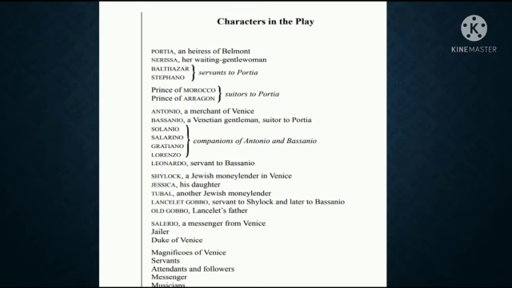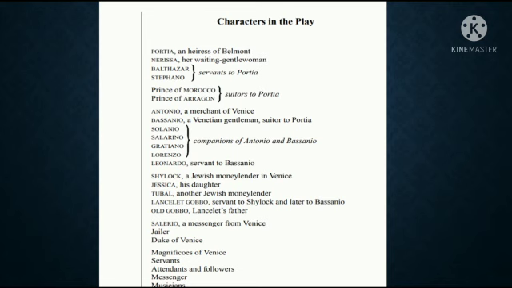Shylock is a Jewish moneylender in Venice. Jessica is Shylock's daughter. Tubal is another Jewish moneylender. Lancelot Gobbo is a servant to Shylock and later he becomes the servant to Bassanio. Old Gobbo is Lancelot Gobbo's father.